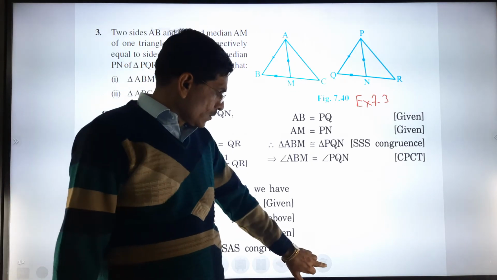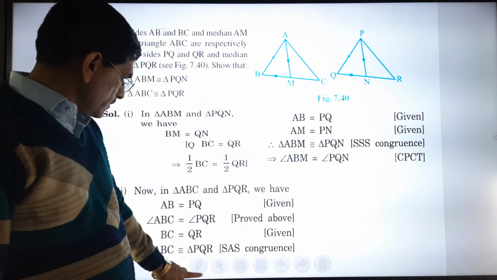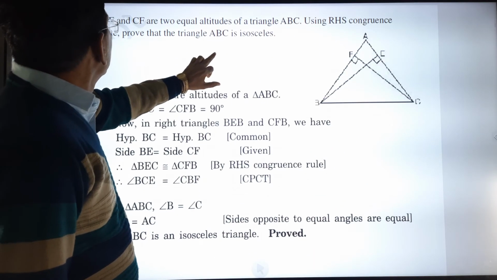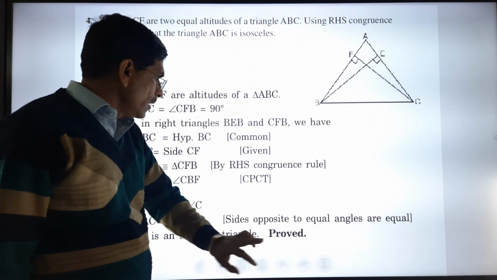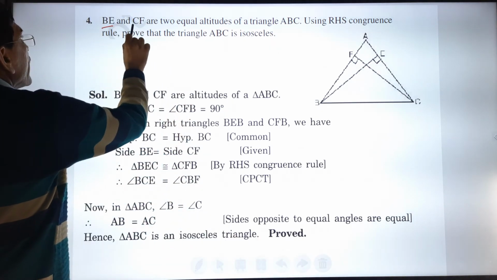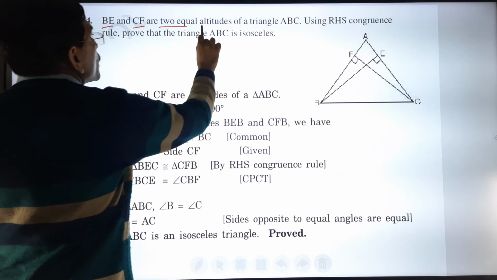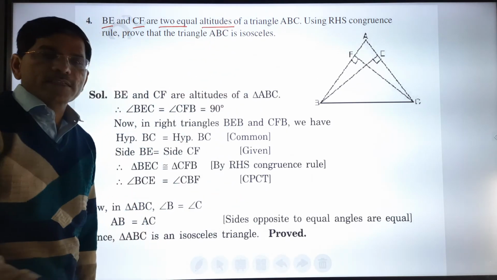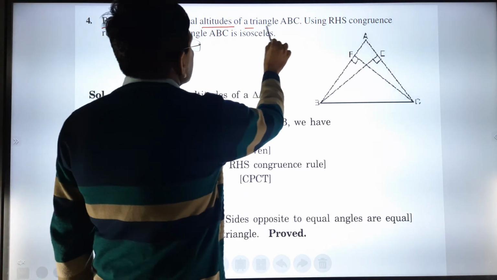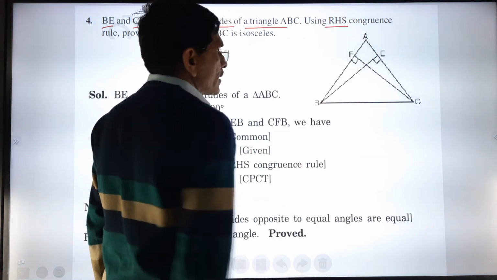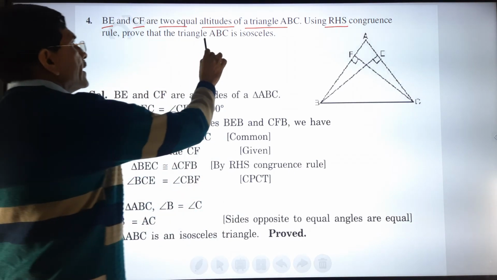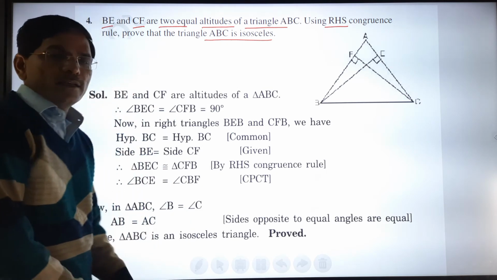Now go for the next question, question number 4. BE and CF are two equal altitudes of triangle ABC. Already we have discussed that altitude means 90 degrees. Using the RHS, right angle hypotenuse side congruence rule, prove that triangle ABC is an isosceles triangle.